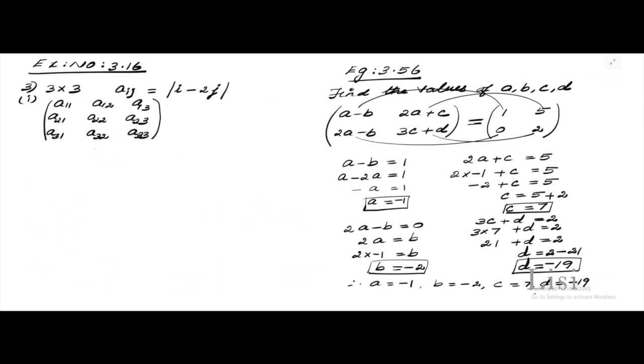Whatever value you have inside your determinant, if it is 4, then your answer is 4. If you are having minus 4 in your determinant, then also your answer will be 4. Clear? You will be getting always positive value for determinant value.